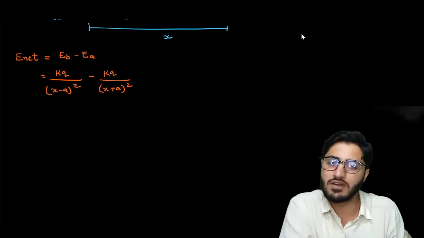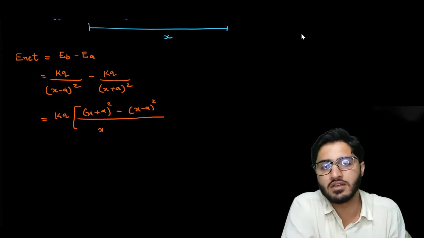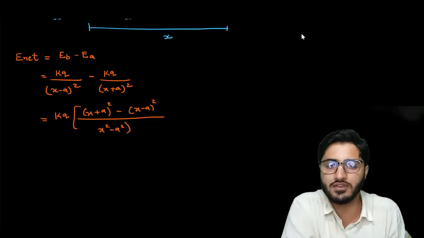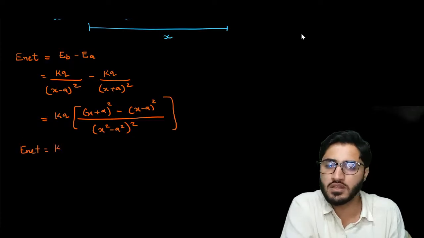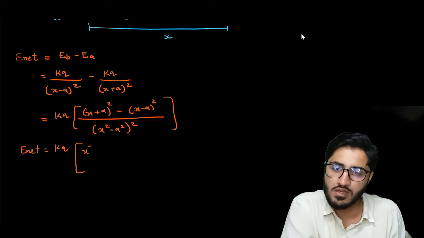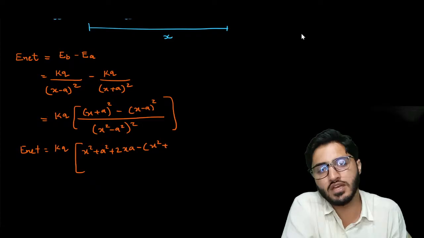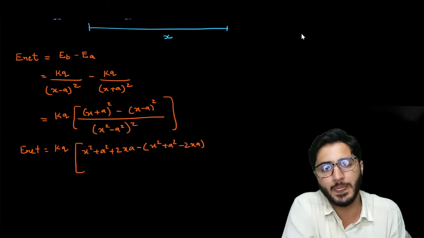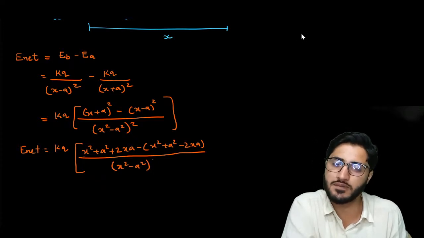Okay. So I will take KQ common. Then it is (X plus A) square minus (X minus A) square, whole divided by (X square minus A square) whole square. So E net came out to be KQ times (A square plus X square plus 2AX minus A square minus X square plus 2AX), whole divided by (X square minus A square) square.